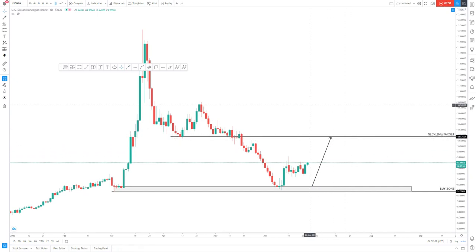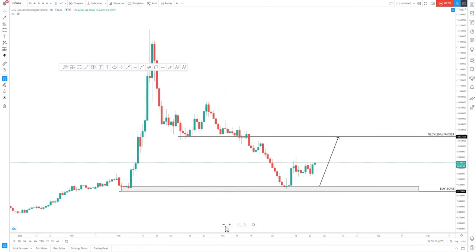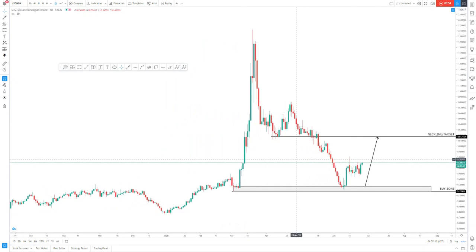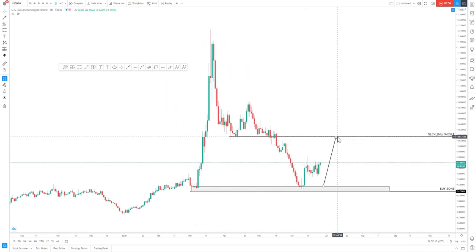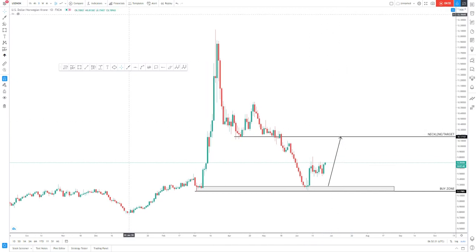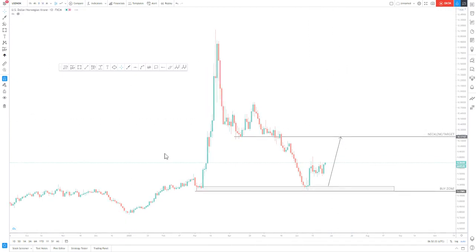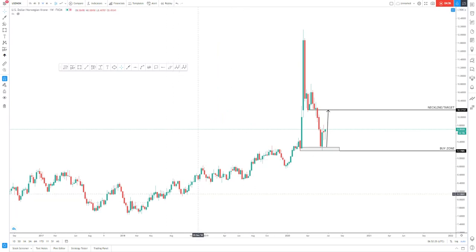Now I have a very huge bias that when price gets to this level, there is a huge tendency that it might break this level. Why? Because if we go back to the weekly time frame, we can see the major directional bias is an uptrend, and it's a very strong uptrend with crazy momentum candles seen all around. Also it failed to break this last area of structure.